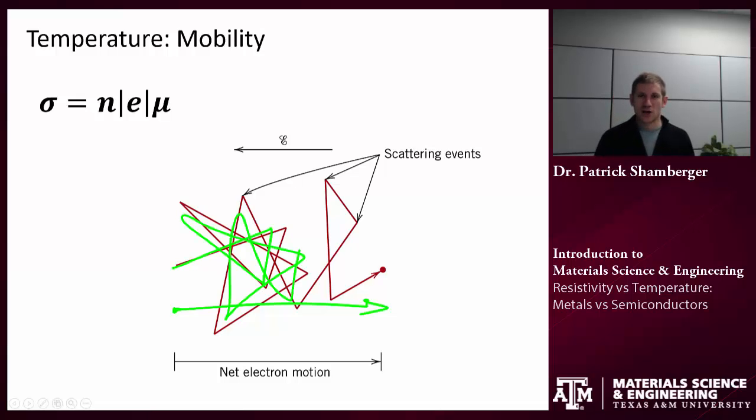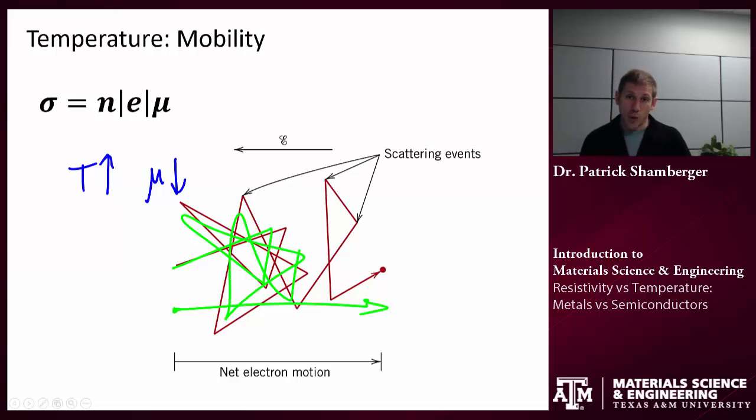So we have this picture of electron path, and the path is actually a bunch of small distances that get traveled before it hits that next scattering site. So as the temperature increases, atoms tend to vibrate more and more, and so I tend to have more scattering events. So as temperature increases, the mobility decreases. It's harder for electrons to move around in the system.